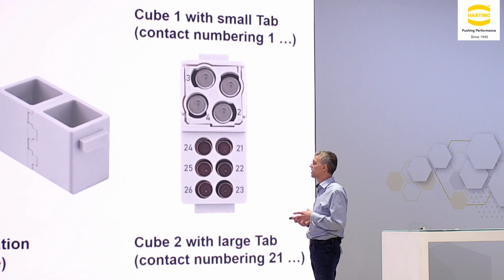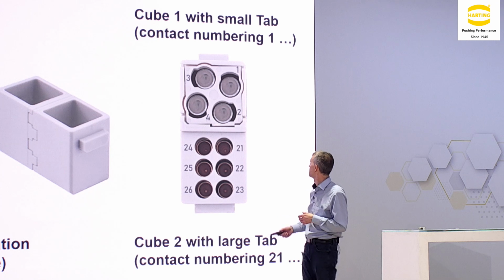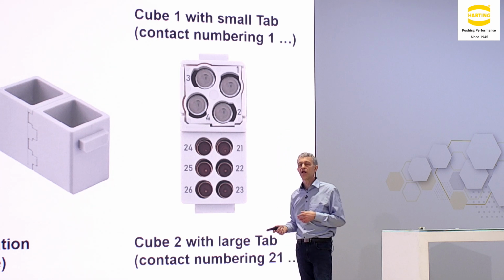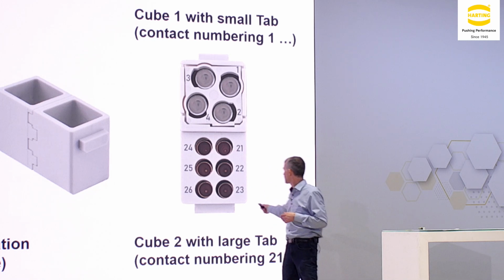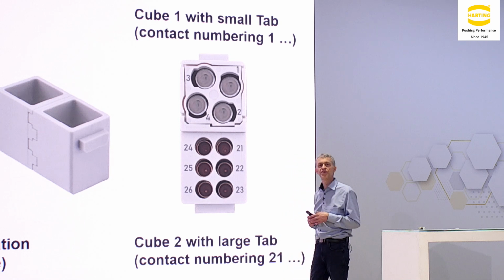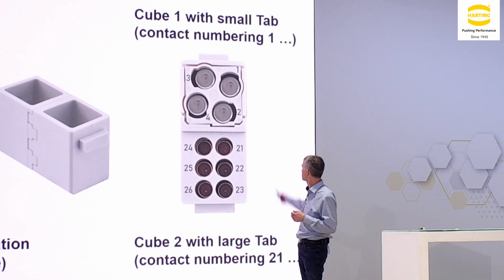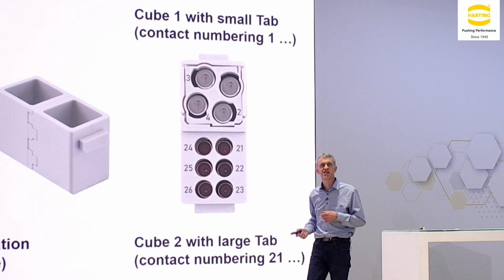Here, the upper part is the cube with a small tab. It has a pin numbering starting from 1. In this case, it means the pins are numbered 1, 2, 3, and 4. And the lower cube is a cube with a large tab. It has a pin numbering starting from 21. In this case, it means 21, 22, 23, 24, 25, and 26.